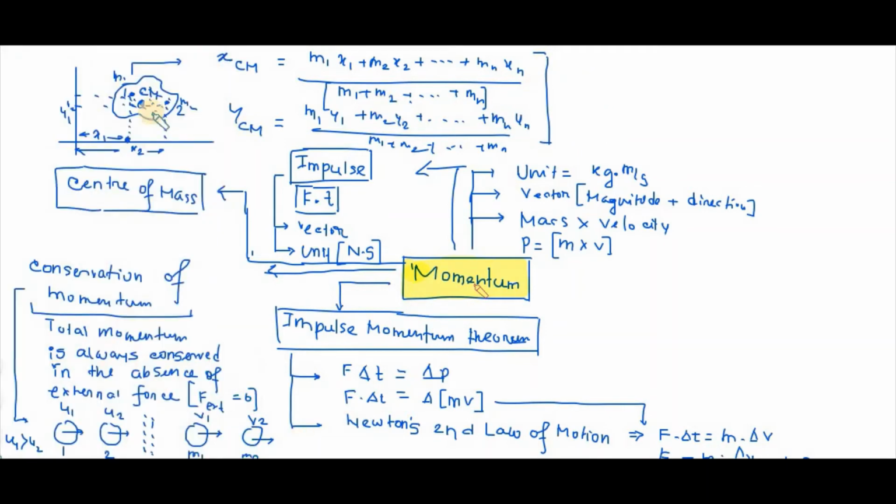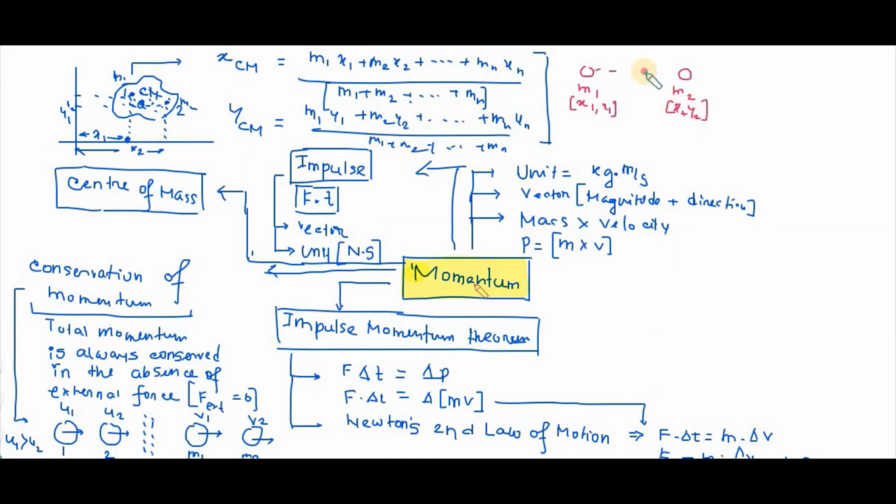Instead of n particles, let's consider two point masses. The first point mass is m1 and the second is m2, with the coordinates of the first represented by x1 and y1, and the coordinates of the second by x2 and y2.